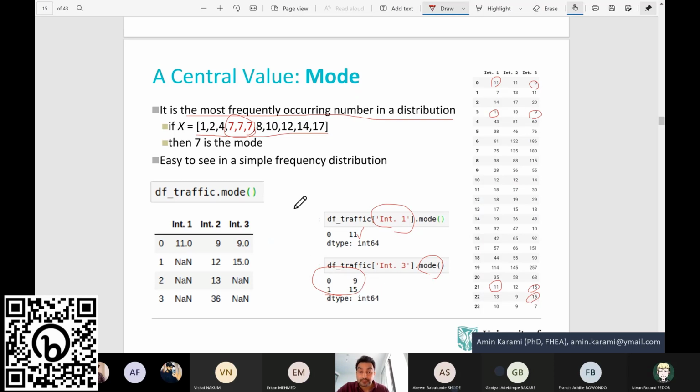And if you use df.mode, it's going to calculate mode for 3 columns. But maybe you want to ask what these null values are. These are because of intersection 2. So if you go through intersection 2, there are 2 number 9s, 2 number 13s and 2 number 12s, right? One is here and one is here, and also 36, right?